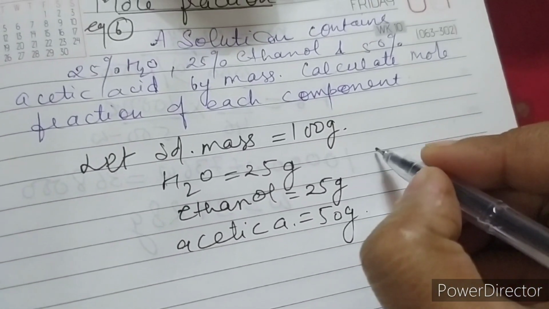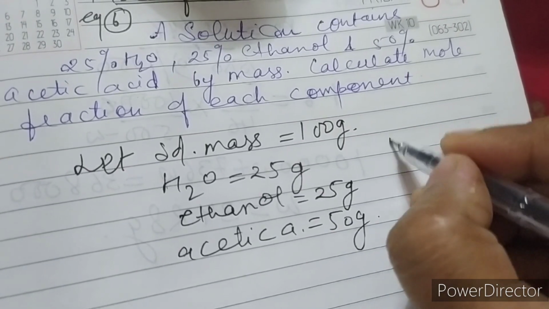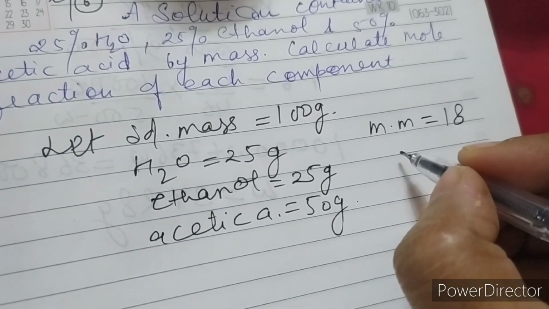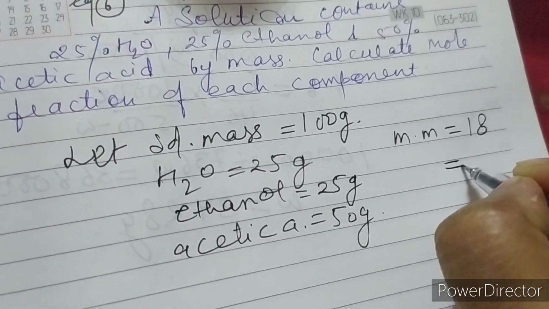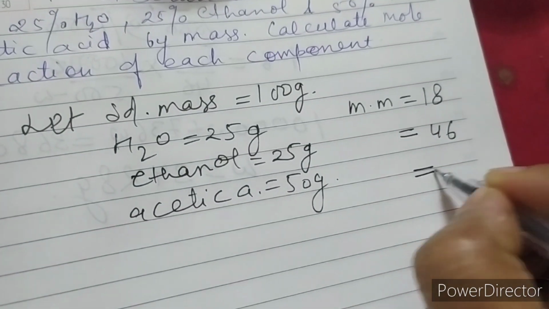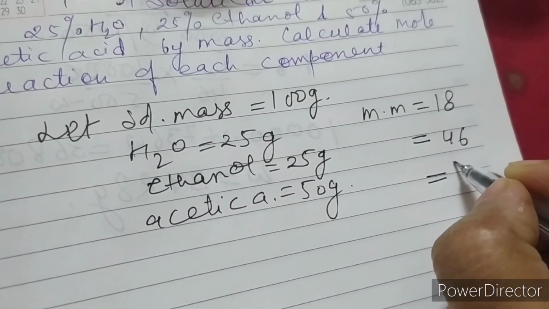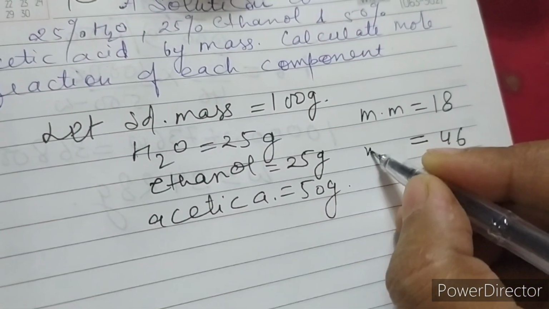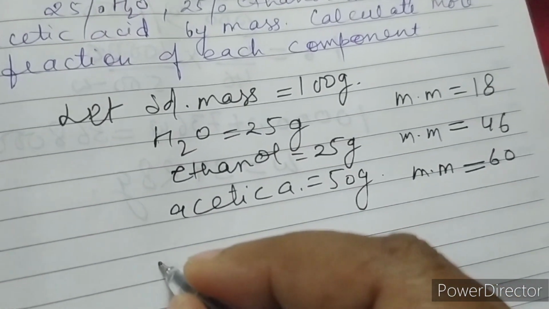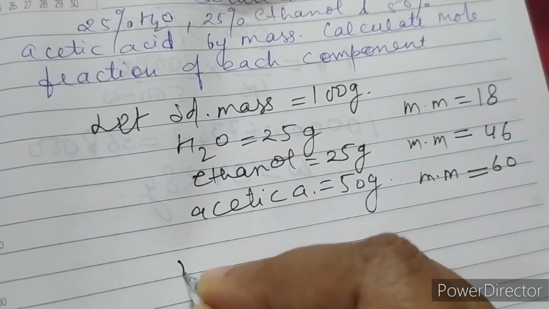Now you can just calculate the molar mass here also. Molar mass of water is equal to 18, that of ethanol is equal to 46, and that of acetic acid will come out to be 60. Calculate the molar mass beforehand so that it is easy to calculate the number of moles. Now we'll calculate the number of moles of all the three one by one.